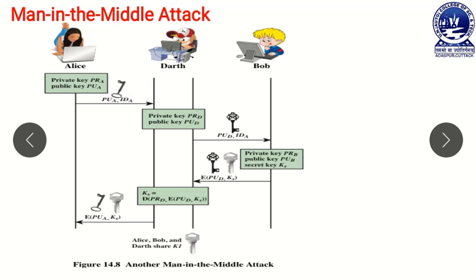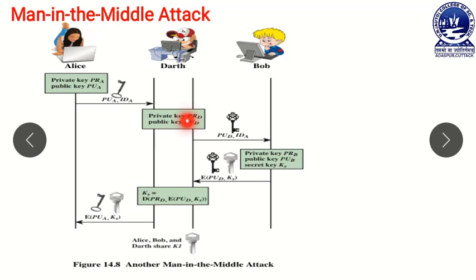But when Alice sends its public key and identity, in the middle, in the network, there is the attacker Darth, who takes this public key and the identity of A. After taking these two things, the attacker generates its own key pair, that is its own private key PRD and public key PUD.